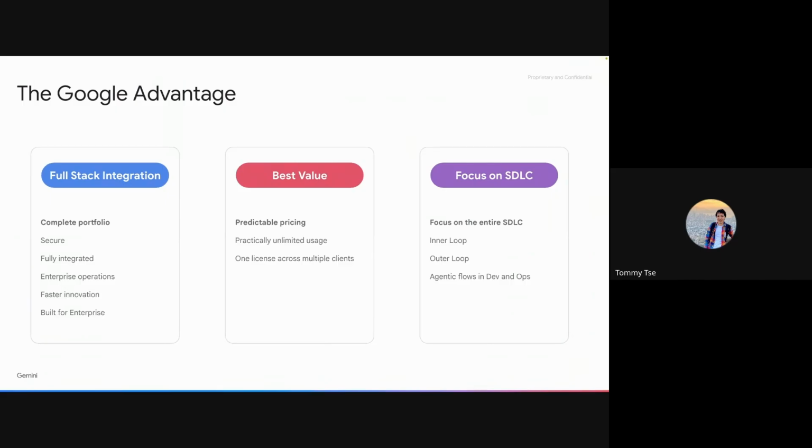So a brief intro, like why people use this kind of tool and why Google. I think we definitely have a unique advantage here: the full stack integration. That means down to the hardware, we have the GPU to do the training and the inferencing of this large model. And because we own the full stack, we can provide a really highly secure environment, so that your data is well treated.